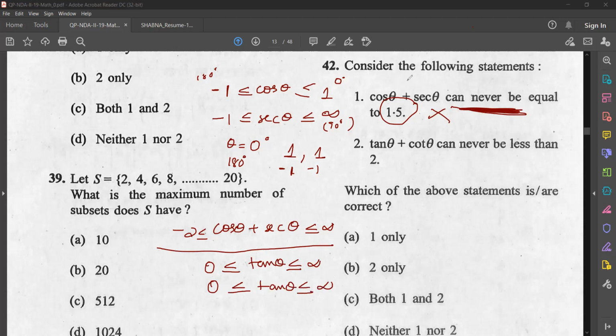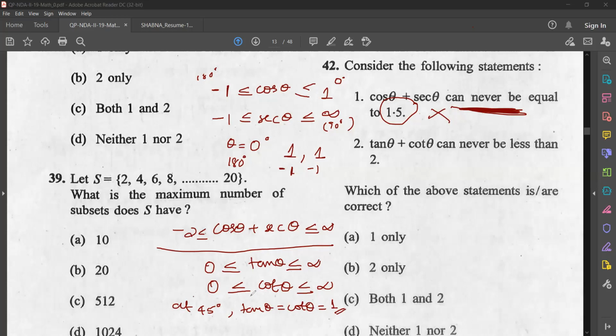Cot theta also has a minimum value of 0 and a maximum value of infinity. Now at 45 degrees, tan theta is equal to cot theta, isn't it? And the value is 1 at 45 degrees.